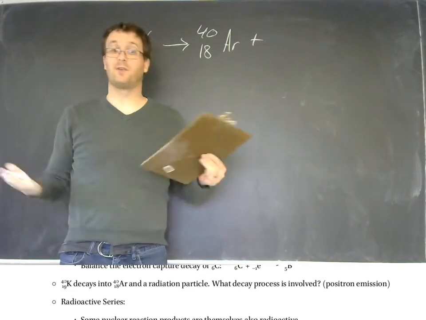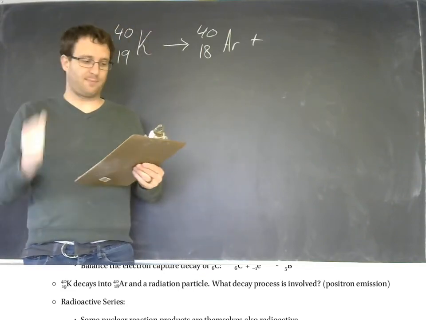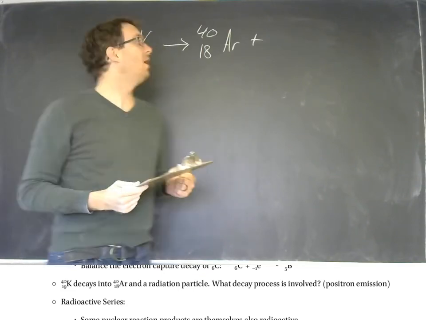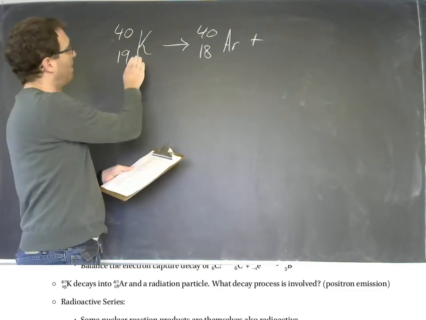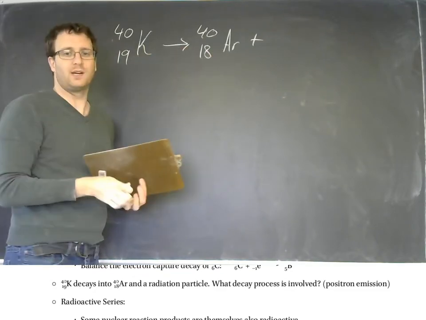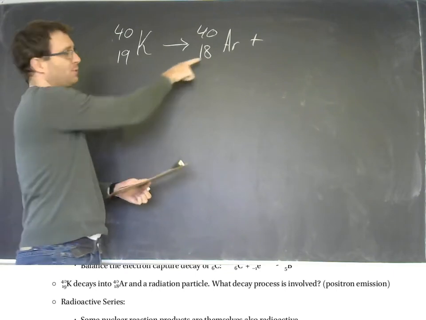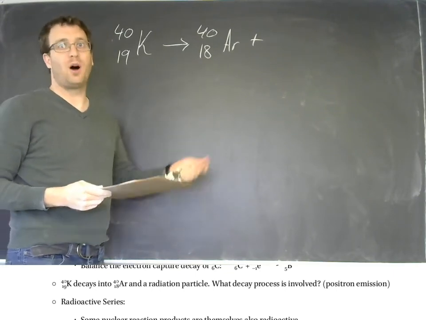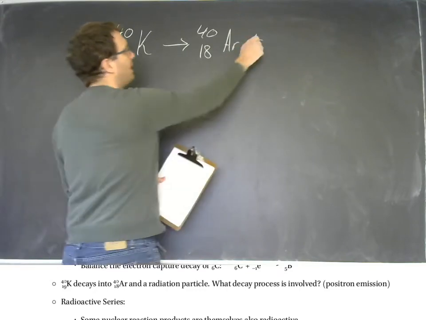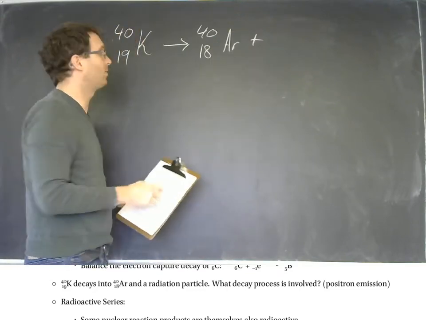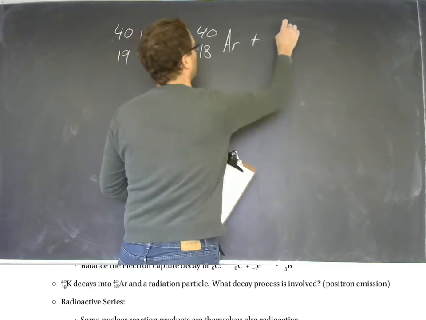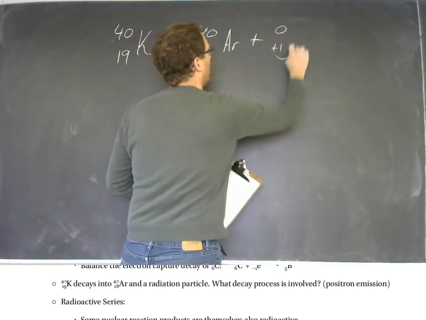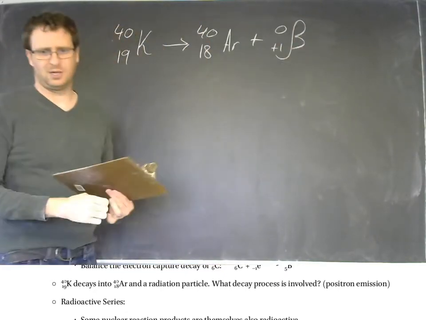I don't want to give it away. So what decay process is involved here? Well, we can see that potassium and argon are neighbors on the periodic table, but argon is one position lower. So this is either electron capture or positron emission. But the fact that we're emitting some sort of radioactive particle that we can detect tells us that it must be positron emission.